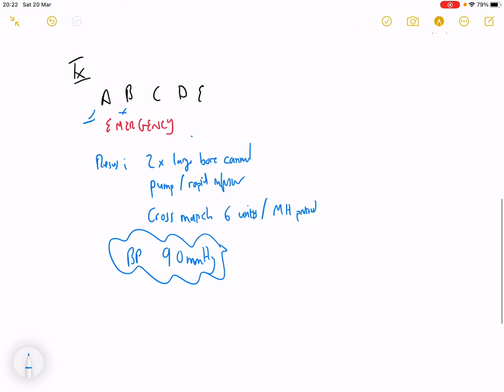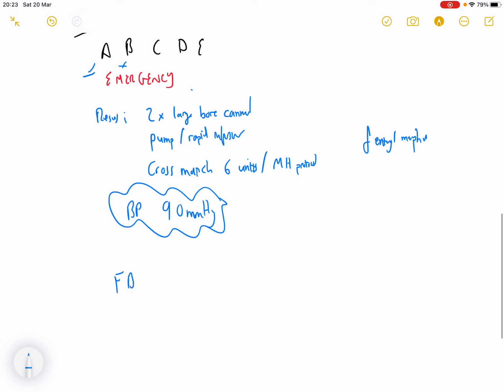Okay, and you'll need to give painkillers as well, so something maybe short acting like fentanyl or morphine. You might also want to consider doing some investigations quickly, so FBC, U&E, coag, gas, lactate, an ECG, just in case there's a differential diagnosis such as an MI.